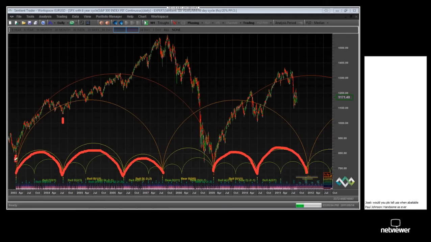So this price trough and this price trough are two consecutive troughs of the 18-month cycle, so I can draw a valid trend line between those and extend it. However, this price trough and this price trough over here are not consecutive. There's a trough in between them, this trough over here. So a valid trend line of the 18-month cycle does not join those two troughs because they are not consecutive. That's one that fails.